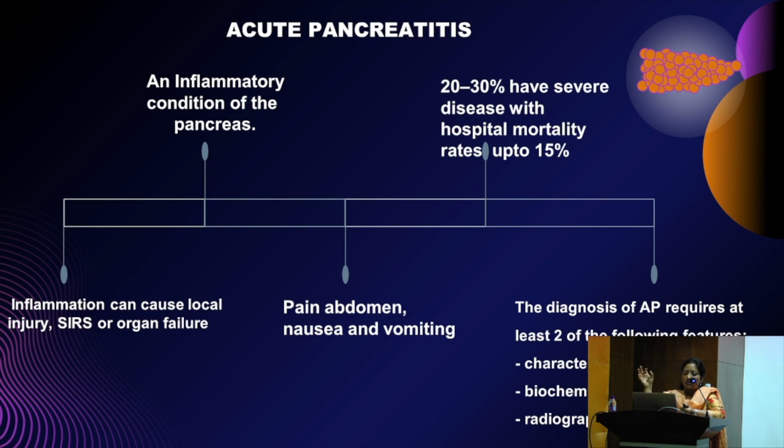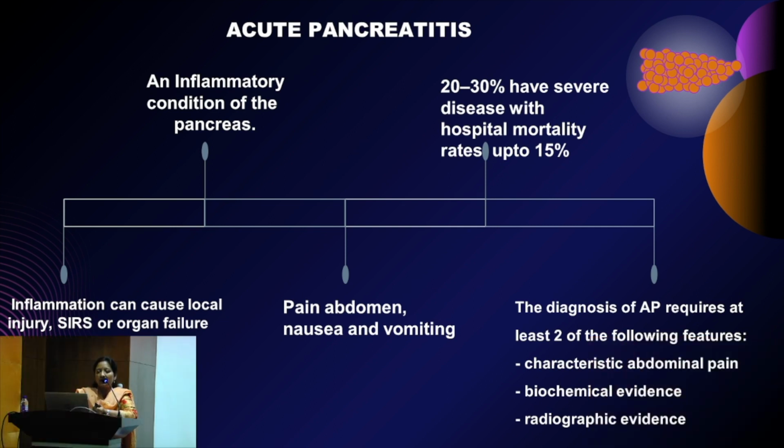The most common presentation is pain abdomen, nausea, vomiting, like an acute abdomen, who comes to the emergency. Diagnosis we generally make with clinical features, laboratory or radiological evidence. Generally, the classical pain abdomen, biological evidence like raised amylase and lipase, or radiological evidence: at least two of the three should be met to say it is pancreatitis.